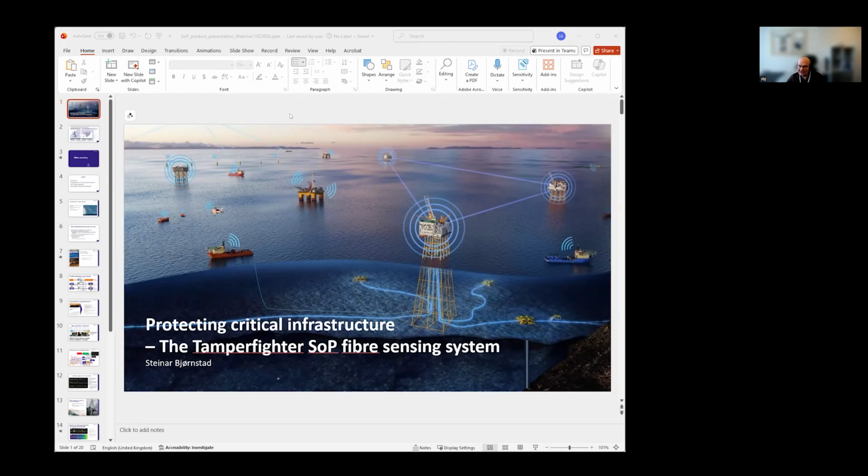Also, we are transporting a large part of the traffic out of Norway, or Nordic to data centers. So this is really a critical infrastructure that we need to protect. And this is actually what has motivated us looking into fiber sensing and going quite deeply into it.